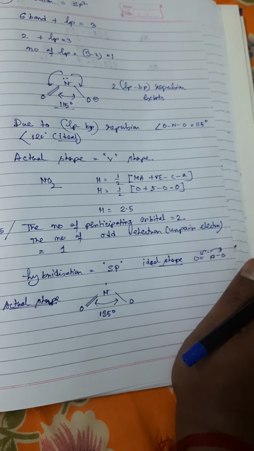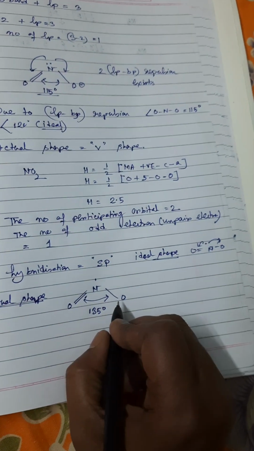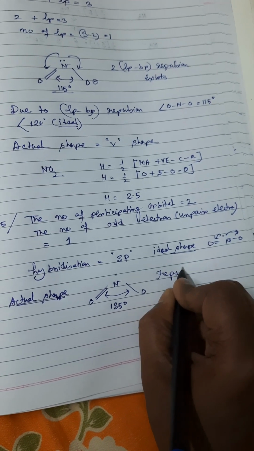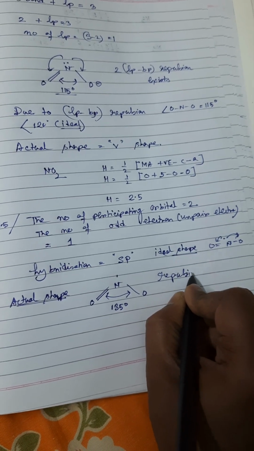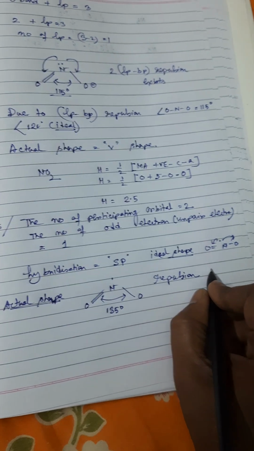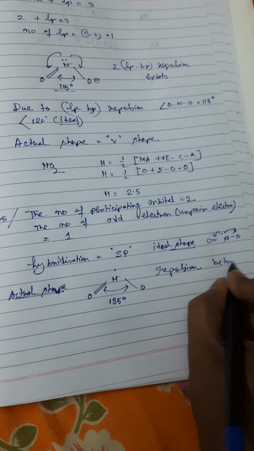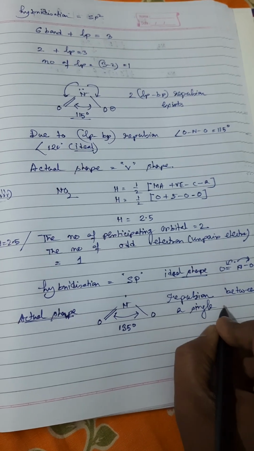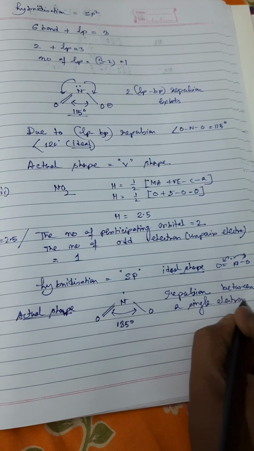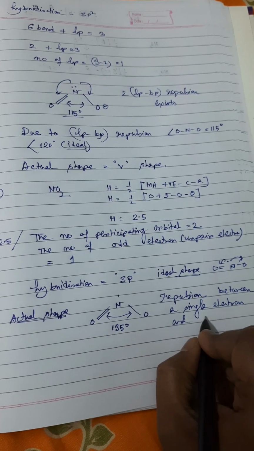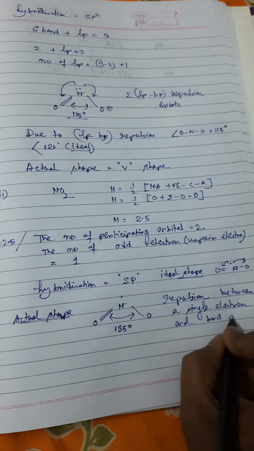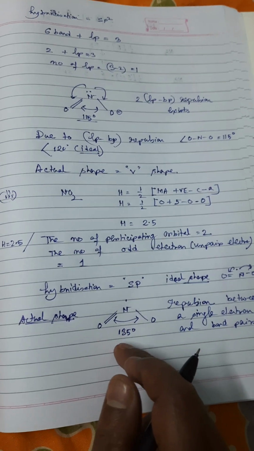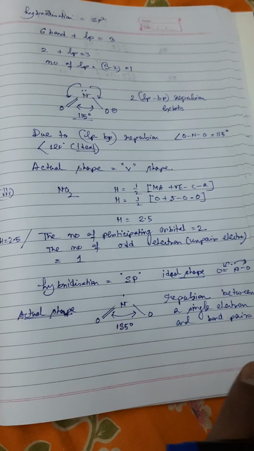So here a repulsion between a single electron, that is the odd electron, and the bond pair. That means the bond angle becomes 135 degrees.